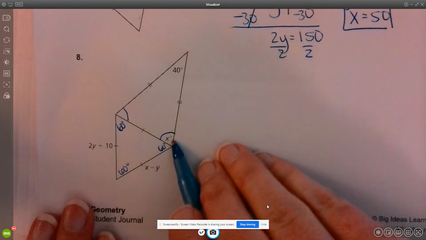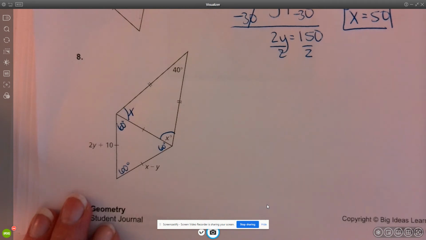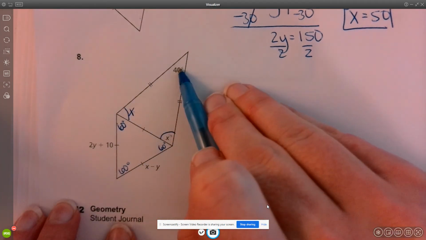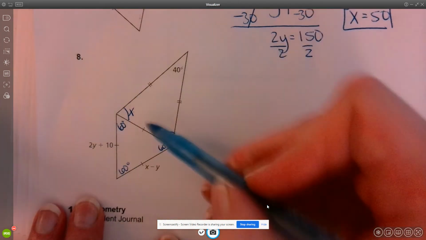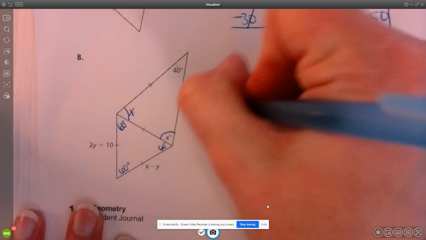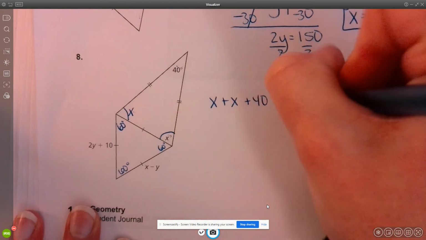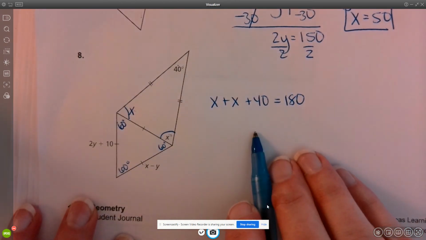So again, if this is x degrees, so is this one. Now I have some information about these 3 angles inside the triangle. Similar to the last one, I know these 3 angles must add up to 180. x plus x plus 40 has to be equal to 180. I can solve this to find x.